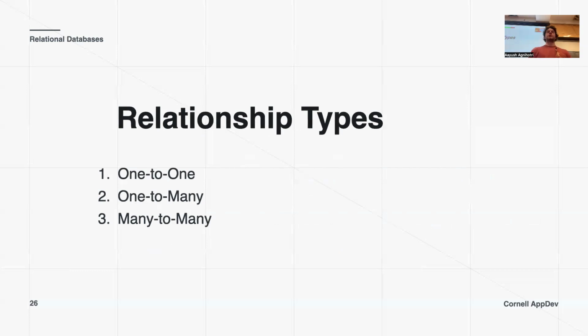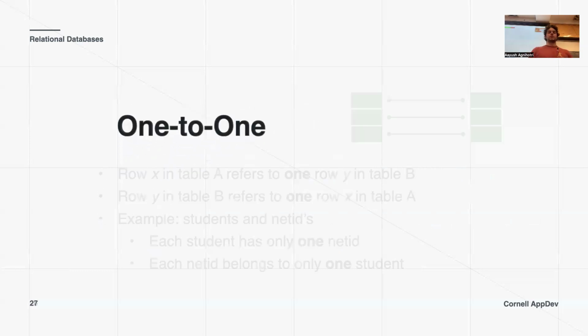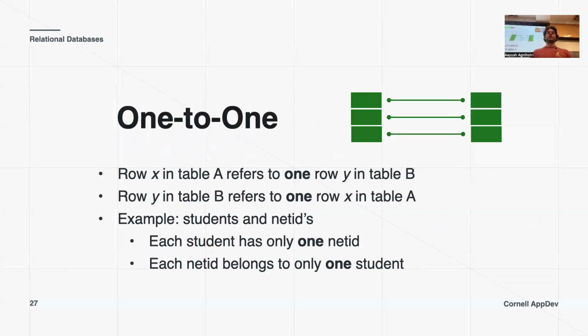There are three types of relationships: one-to-one, one-to-many, and many-to-many, and we're going to go over all three of these today. For a one-to-one relationship, let's say we have two tables, tables A and B. Row X in table A refers to only one row in table B. And likewise, row Y in table B refers to only one row X in table A. A good example for this is students and net IDs.